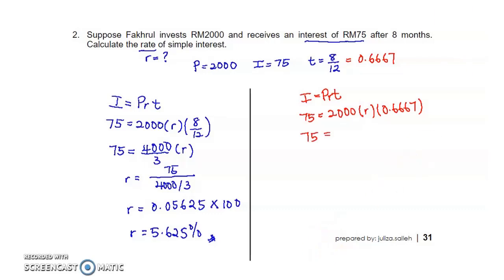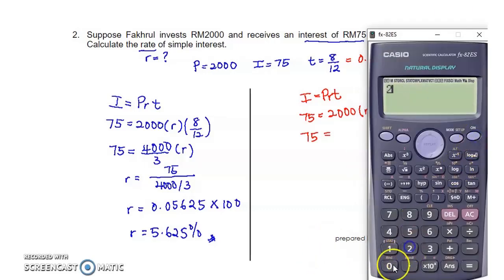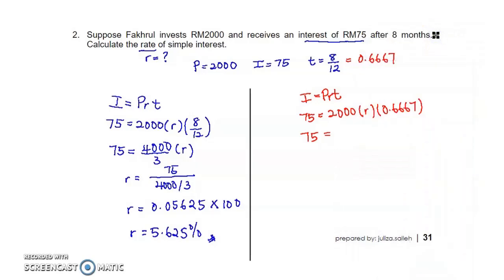So here you will get 2,000 multiplied by 0.6667, which is 1333.4. So 1333.4 R. So R equals 75, and you bring the multiplication to the other side, and it becomes divide.